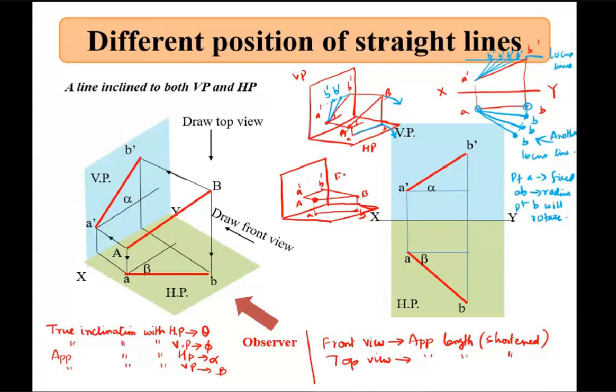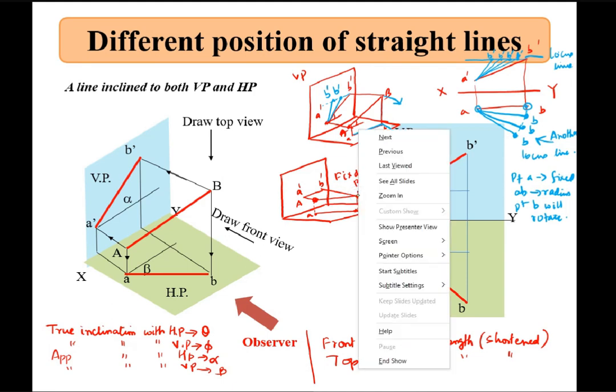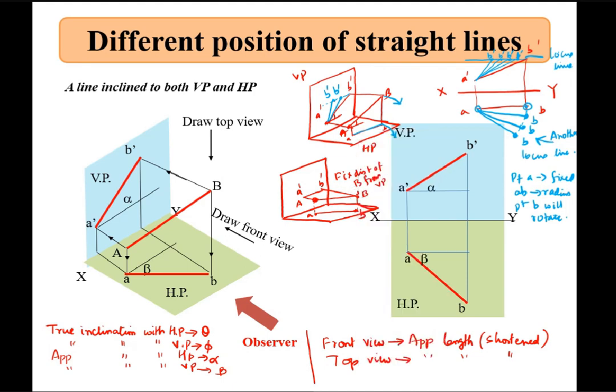Now if I start giving inclination to point B with respect to HP, then what will happen to my front view and what will happen to my top view?